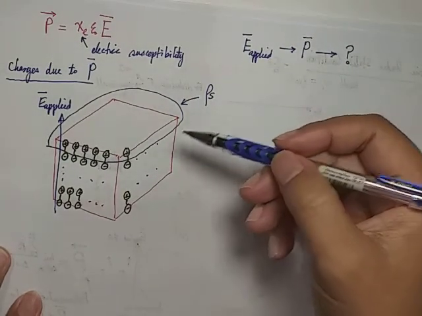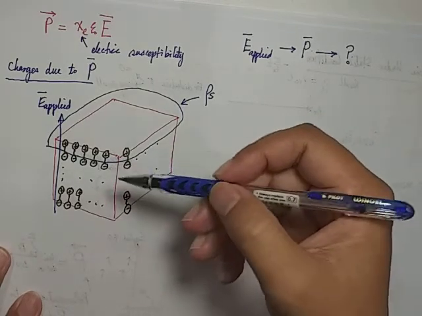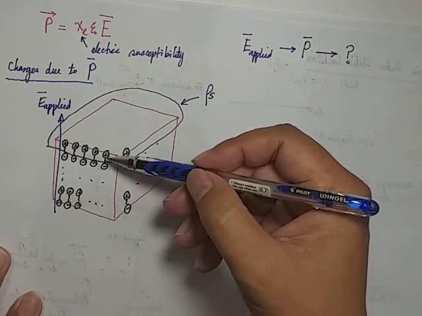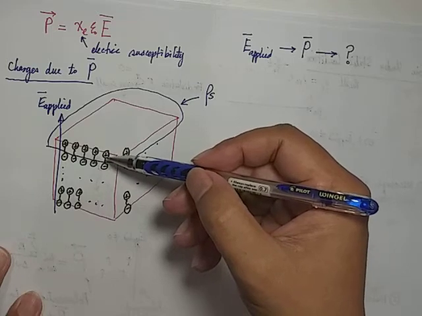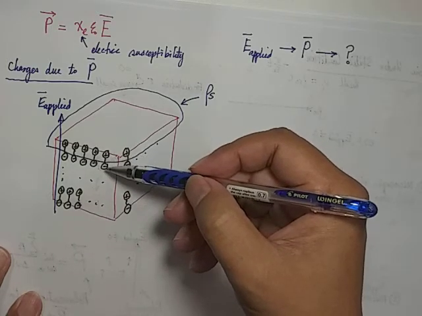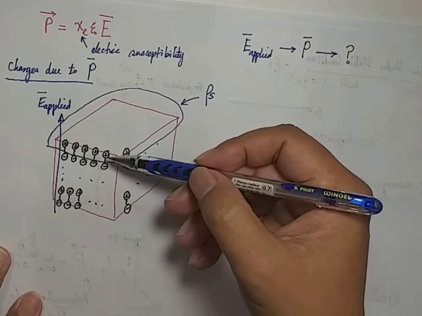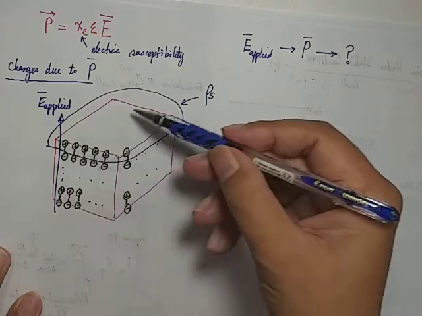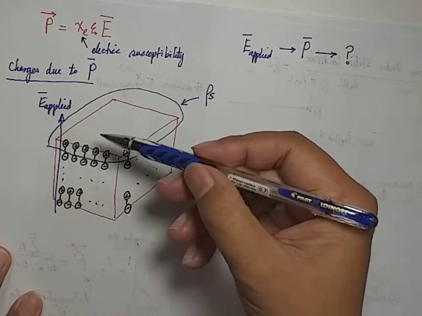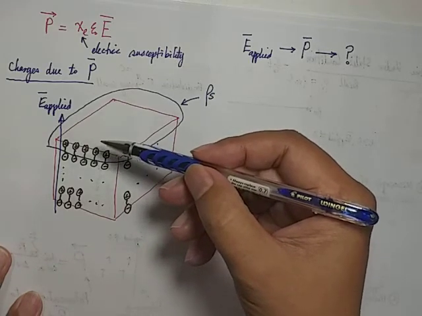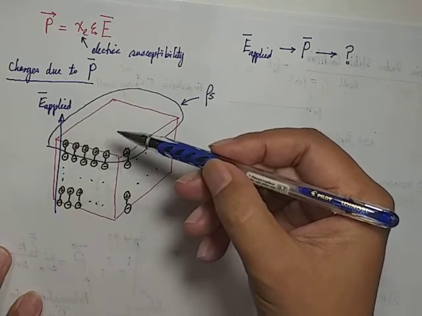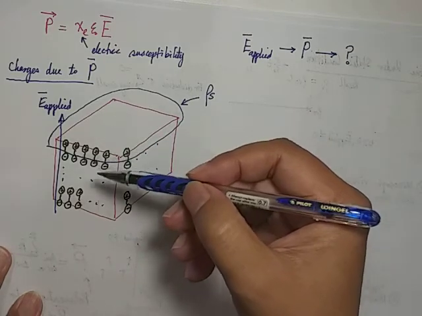But when you look further into this particular diagram, this positive charge is not free charge. As you can see, it's bound to the negative charge here. So it's not free. It's bound. Even though the top layer is filled with positive charge, this positive charge does not freely move. Those charges are bound to the atom.